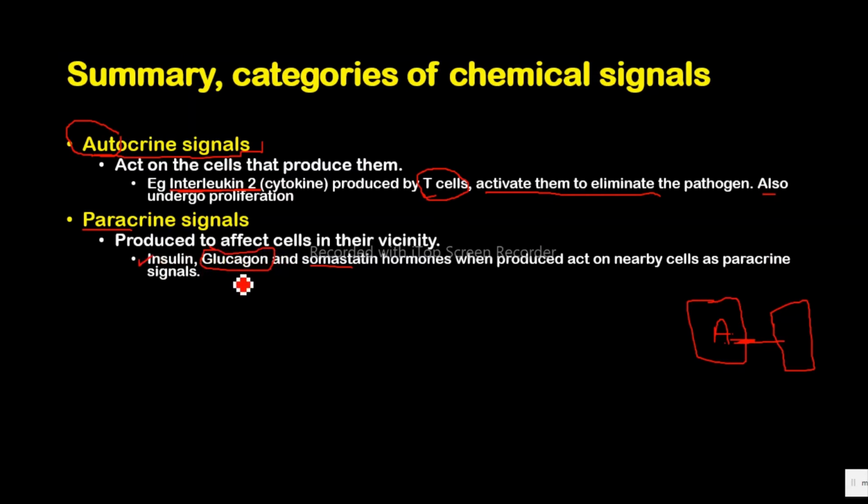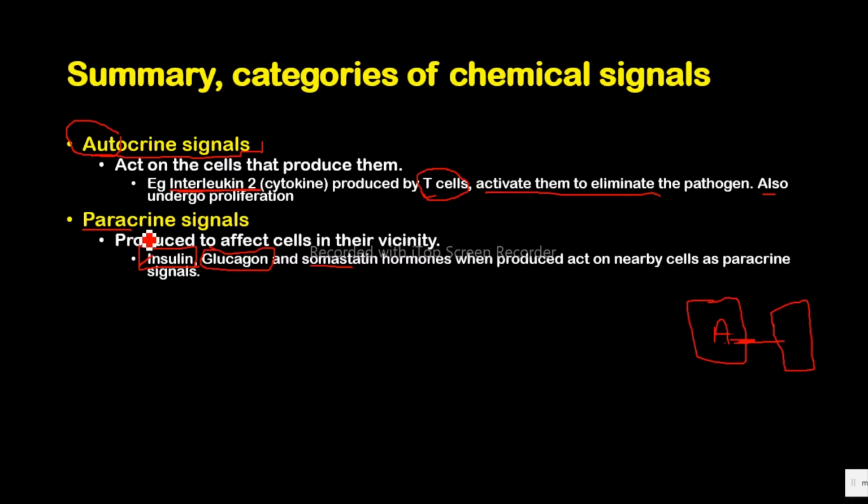Similarly, when you produce glucagon hormone, then you inhibit the beta cells from producing the insulin hormone. Because they are in the same vicinity, same locality, we refer to it as paracrine signaling, or they are paracrine signals.